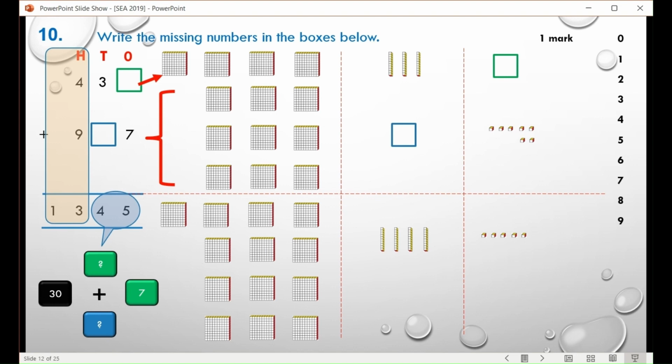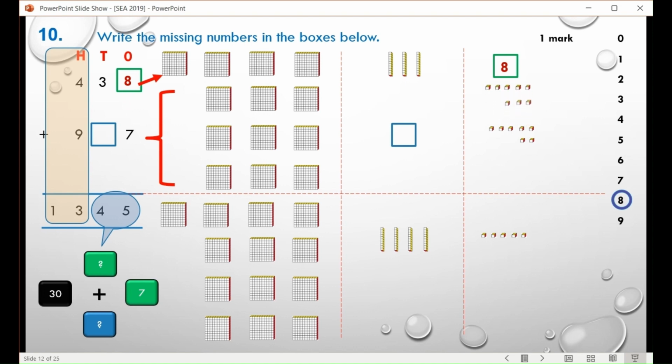Which digit can we use so that when we add 7 to it, it will give us a number ending with 5? 0 and 7 does not end with 5. You can check 1 and 2, and you will see that the answer will be 8. So 8 and 7, let's count it, 8, 9, 10, 10 and 5, 15. So that tells us 8 and 7 gives us 15.